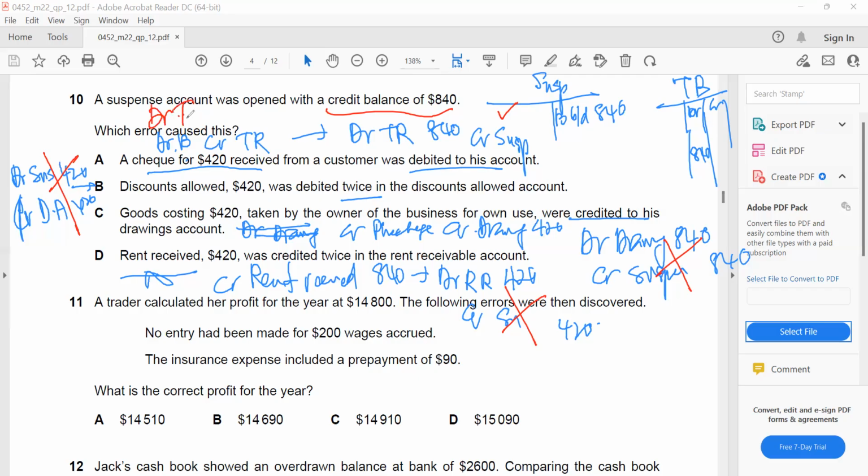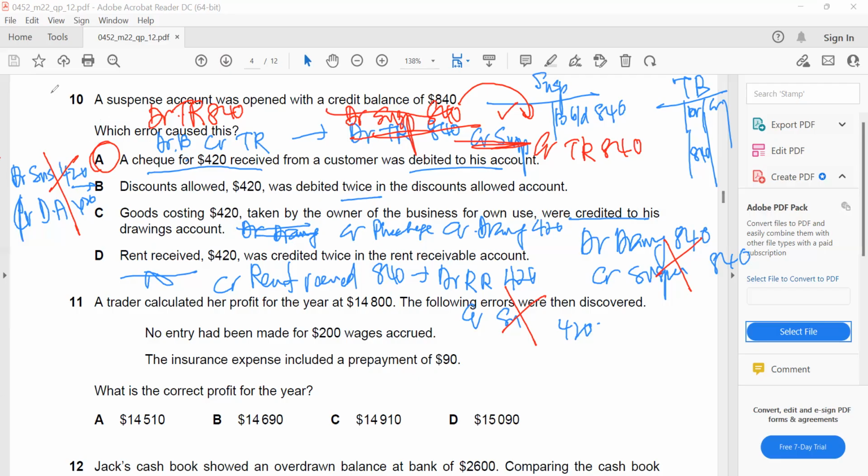We debit trade receivable, so 840. So in this case, I had to make adjustment. This adjustment is wrong. I have to debit suspense 840, credit trade receivable 840. So in this case, this should be the answer. Okay, this caused the error for the suspense credit balance because the adjustments show that we will credit trade receivable, debit suspense. The answer should be A.